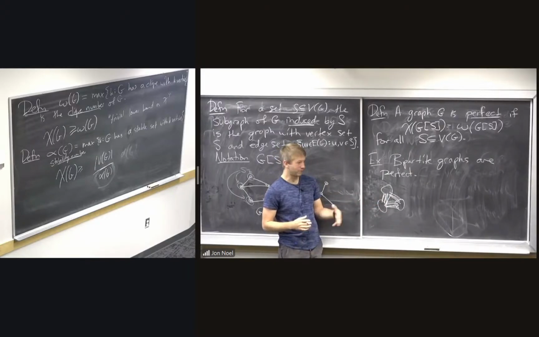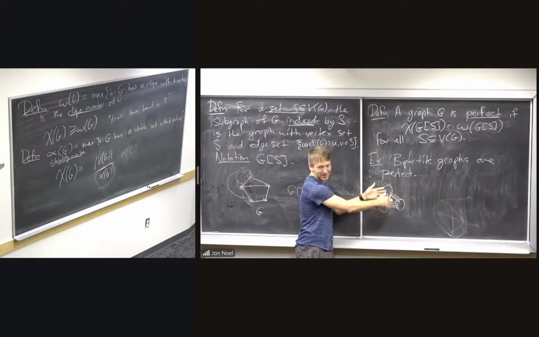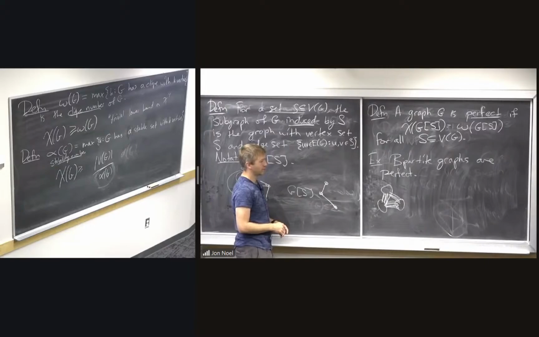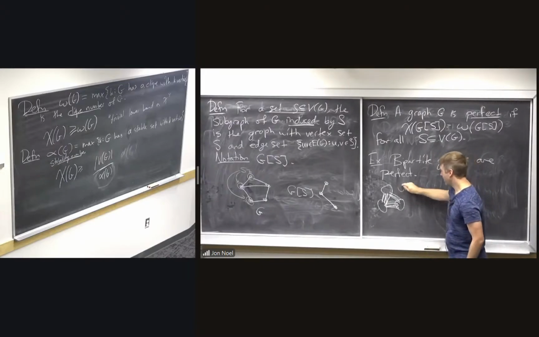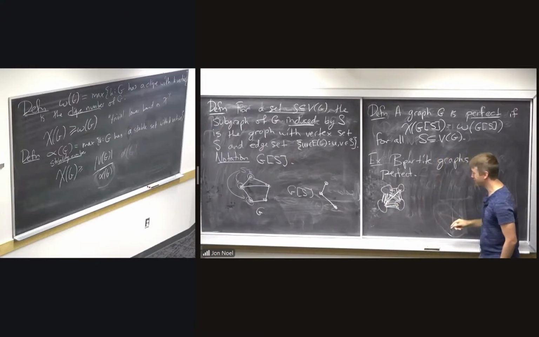The chromatic number is 3, the clique number is 3, and if I take induced subgraphs, you might throw some vertices away, but it still satisfies the property no matter what you do. So that would work too. Are there any other examples? Also, if you had a complete four-partite graph, or things like disjoint unions of cliques, those would also satisfy the property.